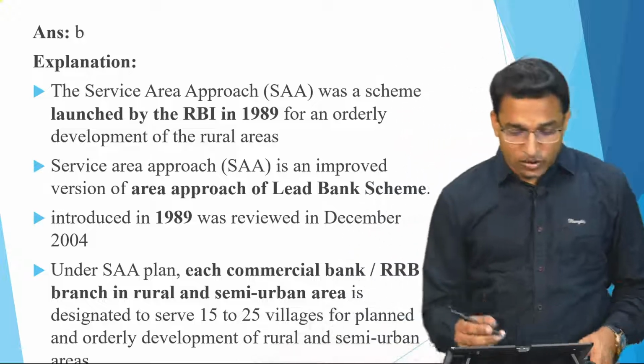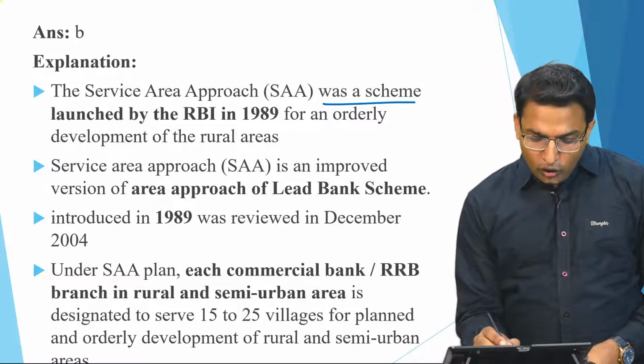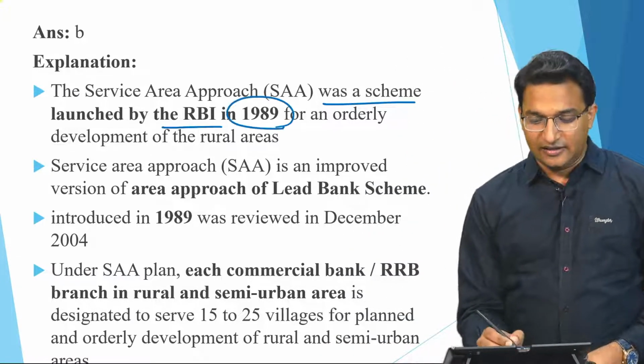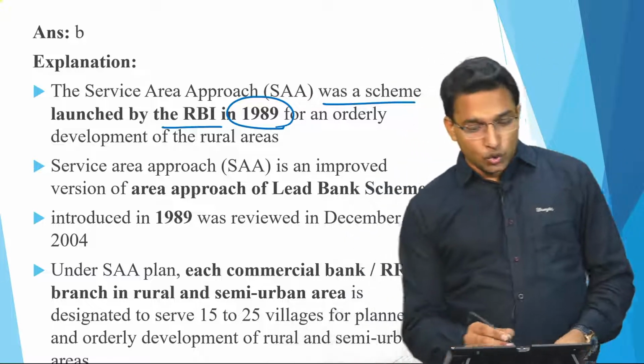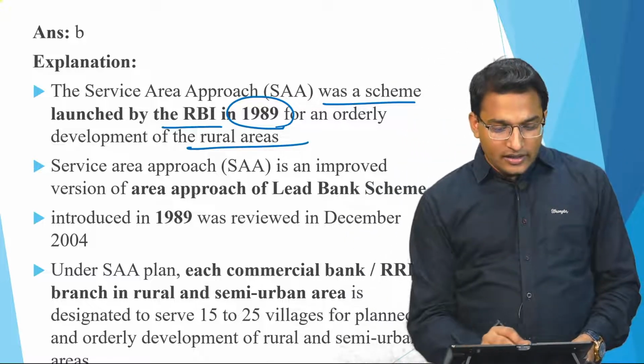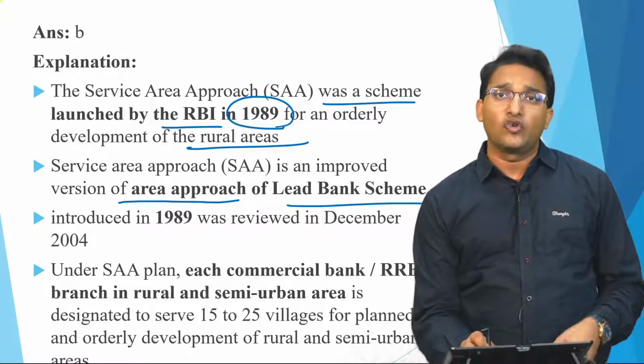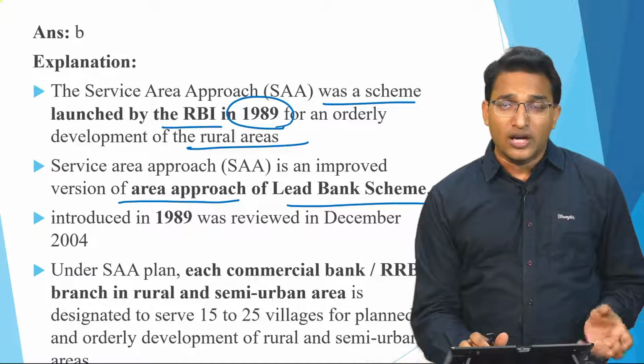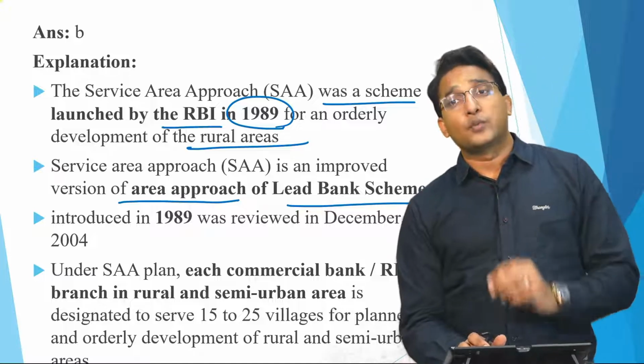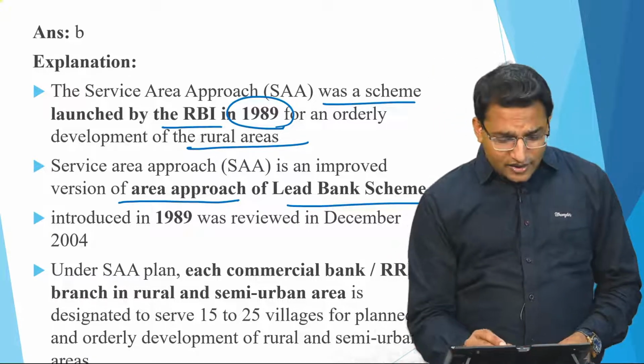The service area approach is a scheme which was launched by the RBI in 1989 for development in rural areas. It is an improved version of the area approach of the Lead Bank Scheme. Earlier this was called the area approach, and now it is called the service area approach. And what is the purpose?